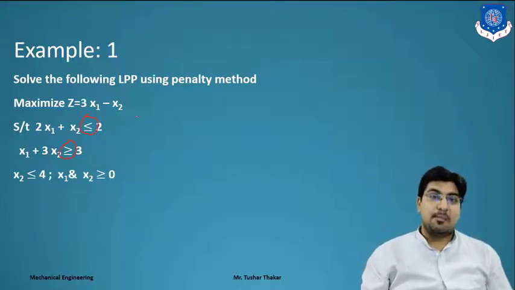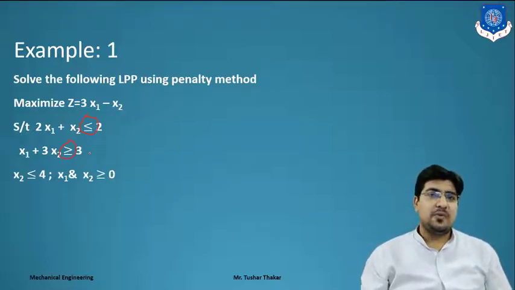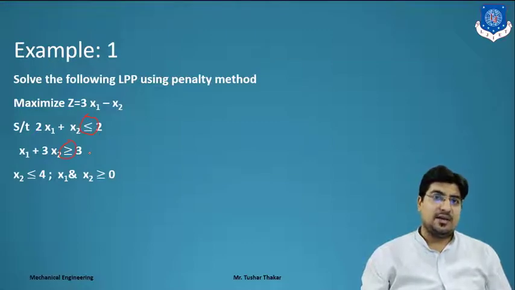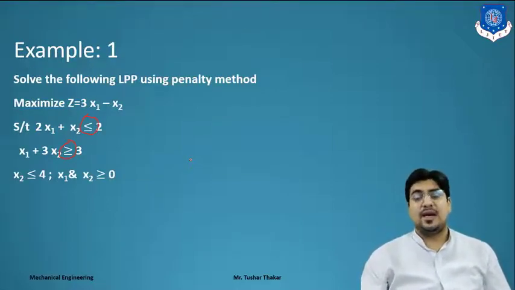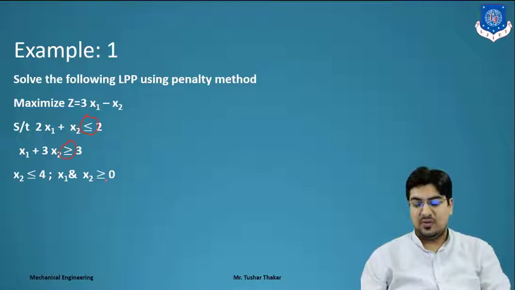That's why we apply the big M method, where we have to add an artificial variable. Wherever the problem gives an inequality sign as greater or equal to, or only an equality sign, at that place only we have to add an artificial variable, right? And x2 <= 4, where x1 and x2 >= 0.